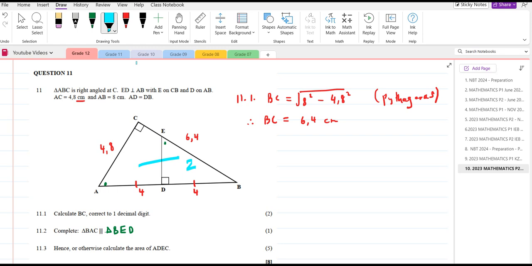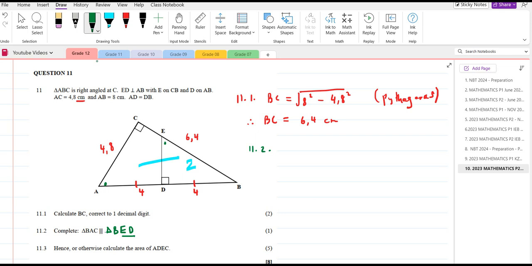What's the area of the entire big triangle? Well, we've got a problem here because we don't have a perpendicular height. So we need to find ED. I'm going to use this triangle to find ED.